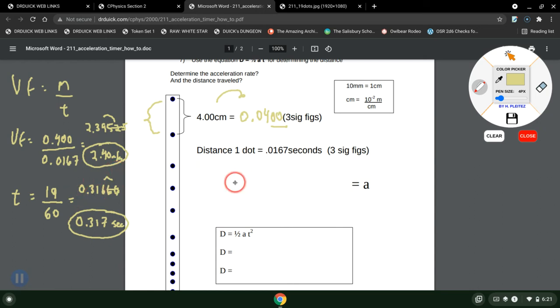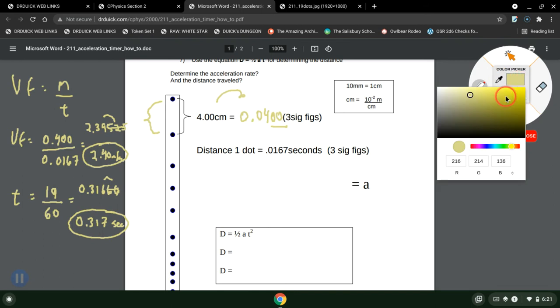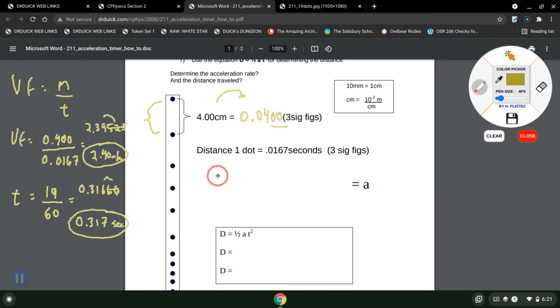The next stage is going into the acceleration part of this. I'm going to change my color, make it a little darker. Looking at this, it is my final velocity, VF, minus my original velocity, which I can call VI or VO, whatever you like, divided by my total time. This time needs to go in here, and this has to go here.